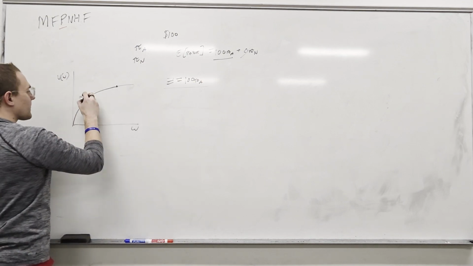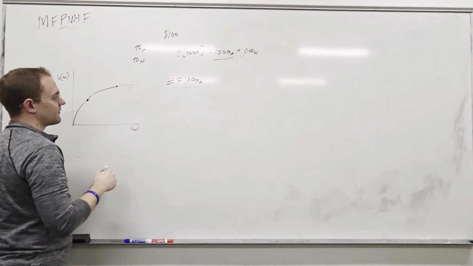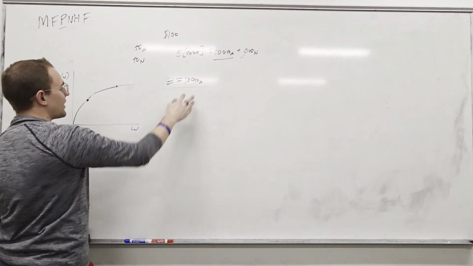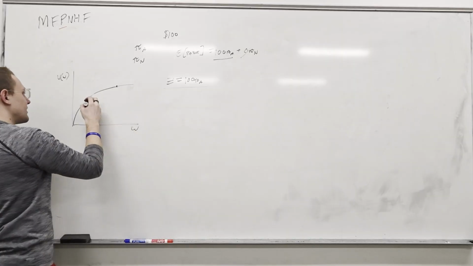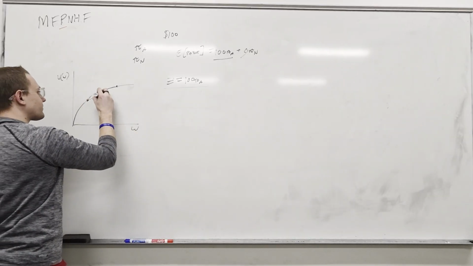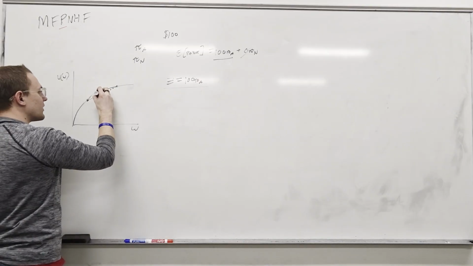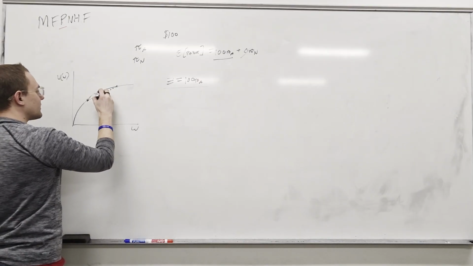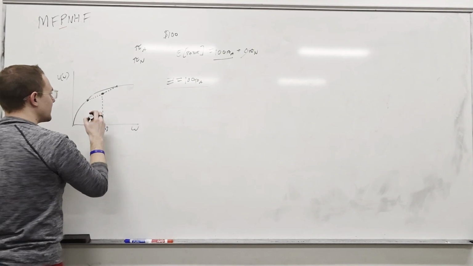Okay, so let's say their probability is 50%. The expected payout of the insurance company would be $50. That's what they charge for their premium. And for this person, their expected wealth would be somewhere around there. That is their expected wealth, because they don't know if they're going to get into an accident or not.